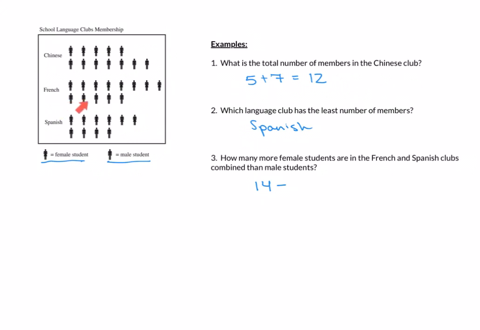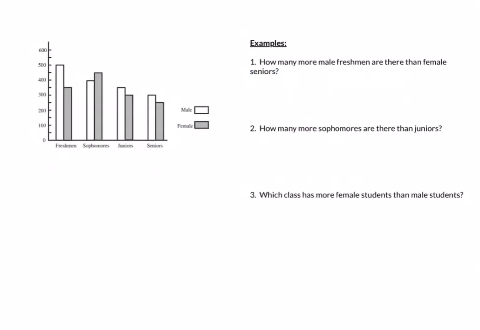In French and Spanish, we have 5 in French plus 4 in Spanish is 9. 14 minus 9 is 5. The other thing that you could do on here is you could just add up the extra female students. As you can see, this doesn't get very difficult. It's mostly a matter of counting. All right, that takes care of our pictographs. So let's go ahead and look at our next couple of examples.